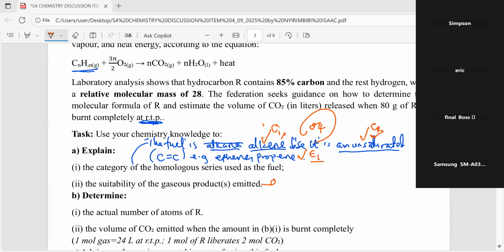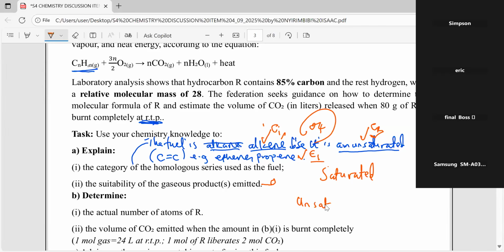Saturated is when there are multiple single bonds between atoms, while unsaturated, there are fewer bonds between carbon and I think hydrogen.